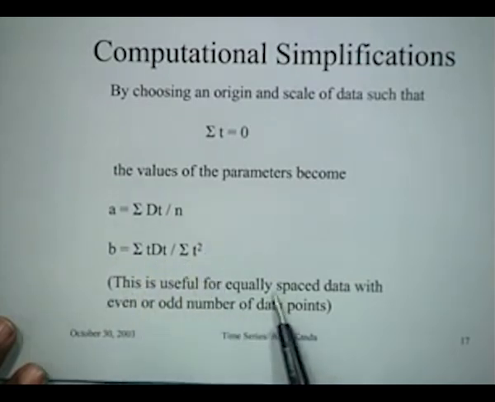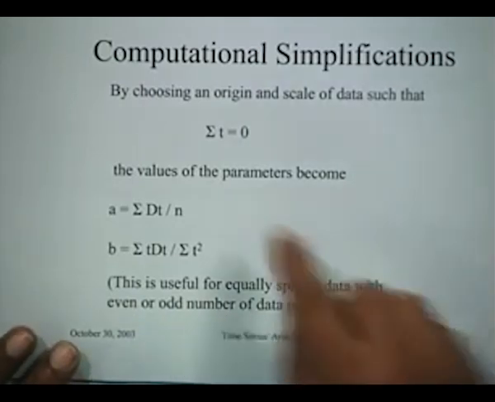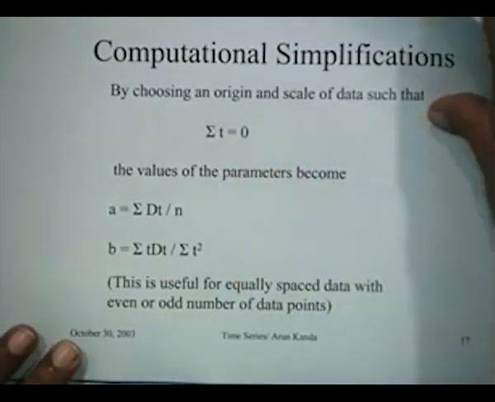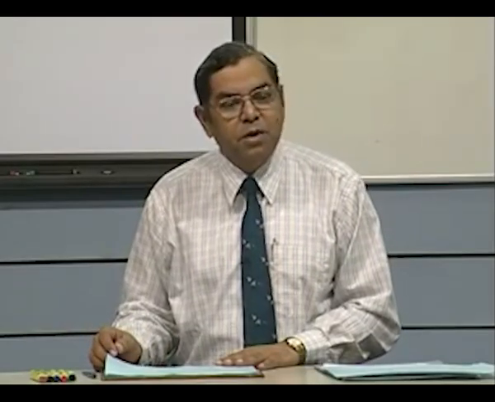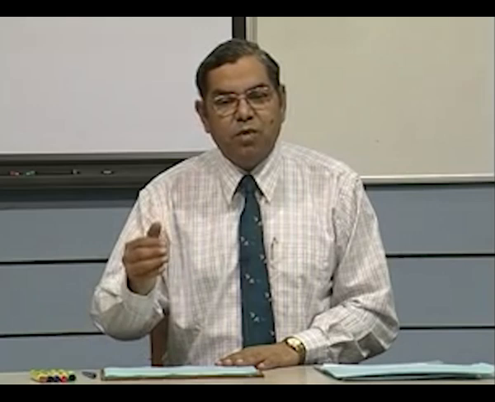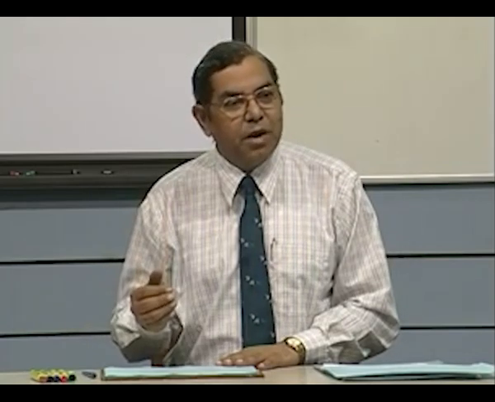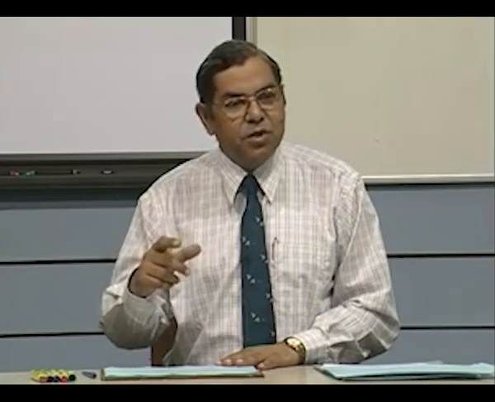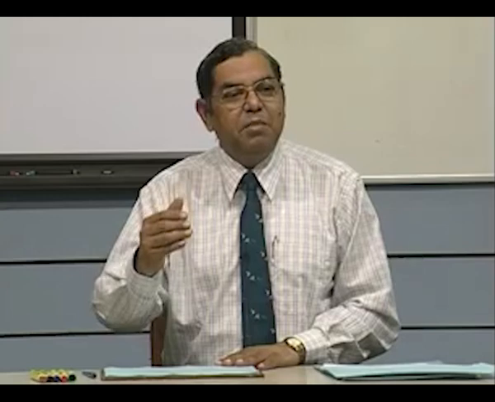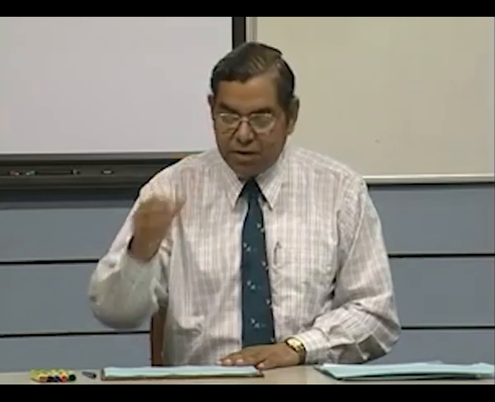So this is useful for equally spaced data with even or odd number of data points, because you can always choose an origin. If you have, for instance, an even number of points, what would you do? You can take one point as -1, the next one can be +1, and then since the difference is 2, subsequent points can be -3, -5, -7, so that this condition is satisfied.